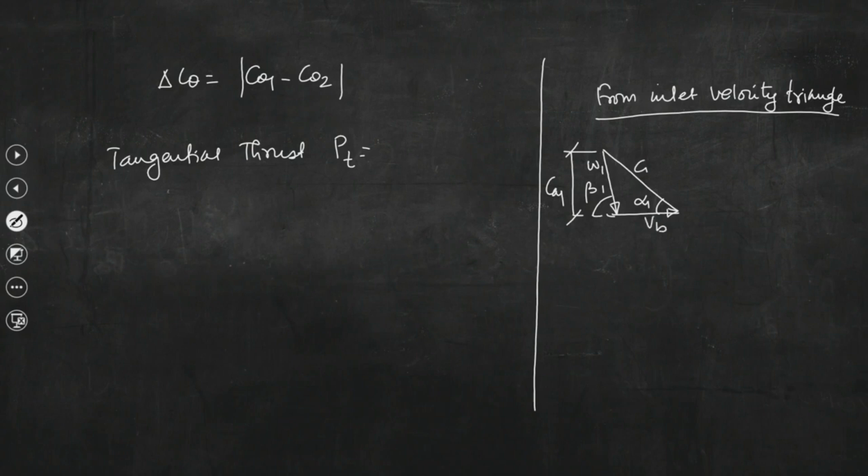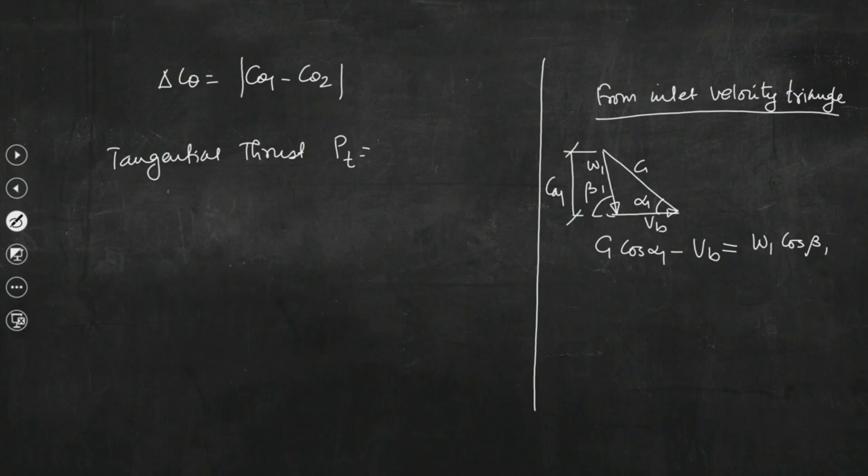So, we can clearly write C1 cos alpha 1 minus VB equal to W1 cos beta 1.